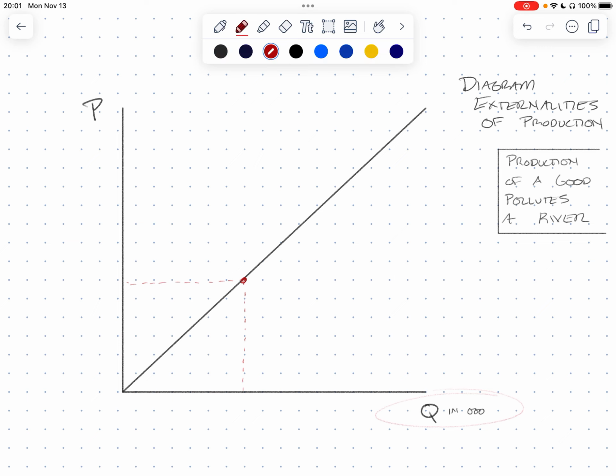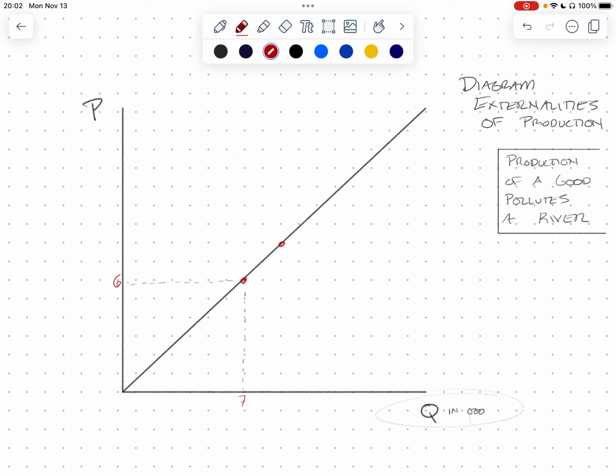In this case, we can see that at a price level of 6, producers are willing and able to produce just about 1, 2, 3, 4, 5, 6, 7, and then we said it was in thousands, so 7,000 units of the good or service.